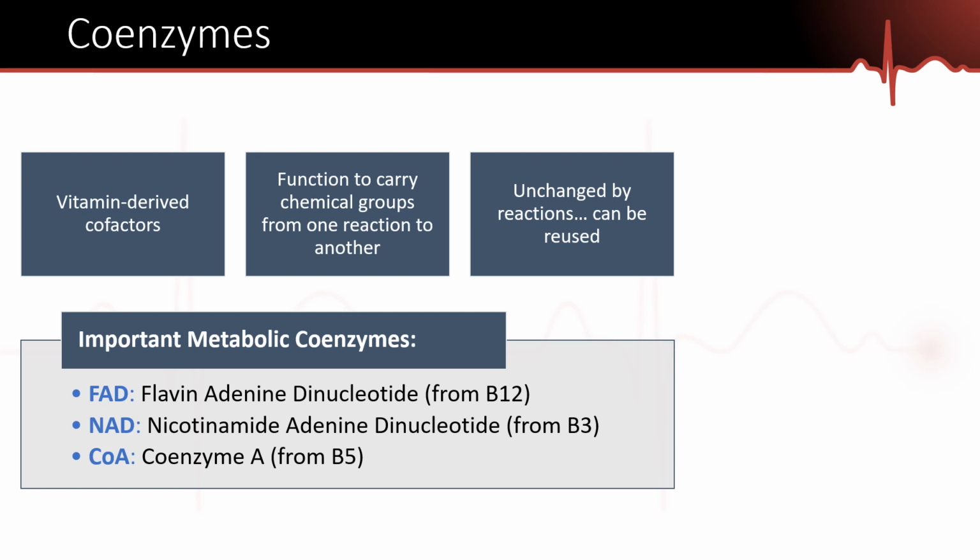But here's the difference. Coenzymes actually participate in the reaction itself. They don't just bind to the enzyme and allow the enzyme to function and perform its chemical reaction. Coenzymes will actually participate in the reaction, oftentimes by removing some sort of chemical group.